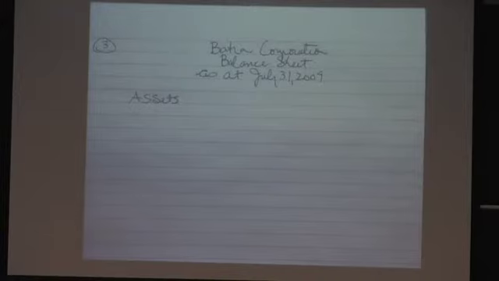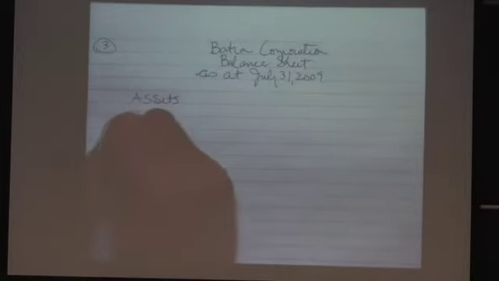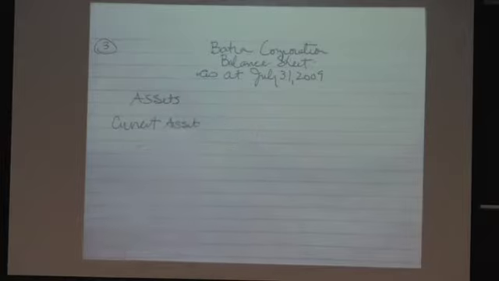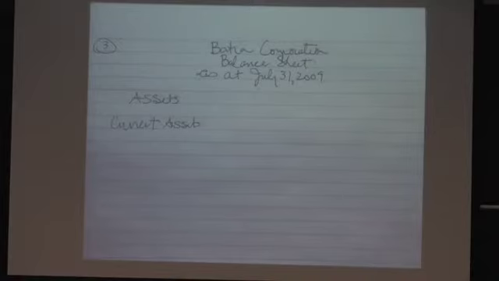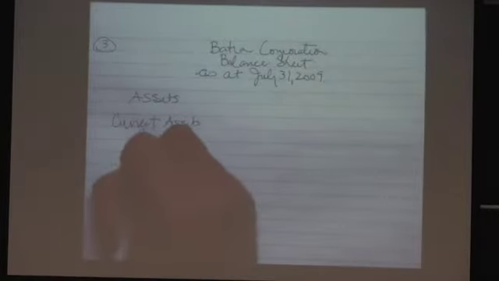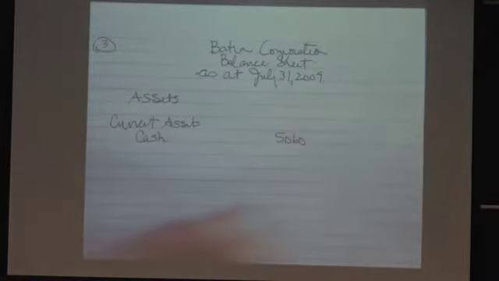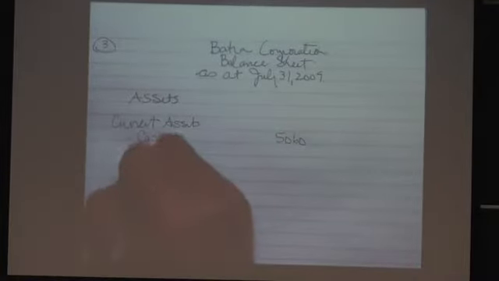Okay? So we're going to start with current assets. Current assets are listed in order of liquidity. In this case, we're going to start with cash. Followed by short-term investment.